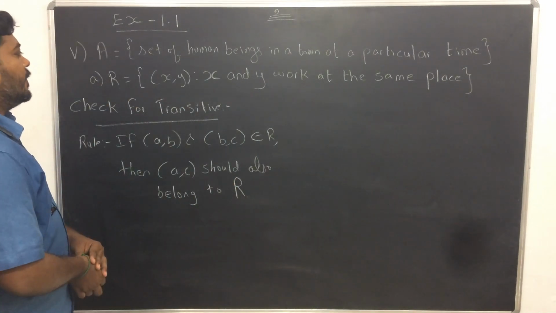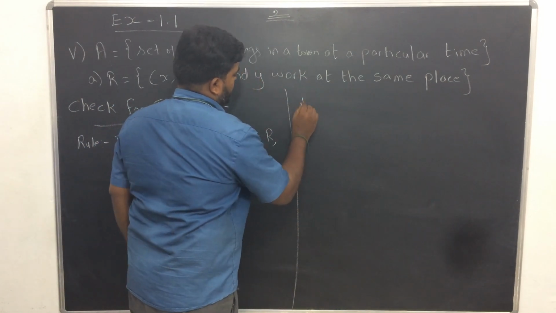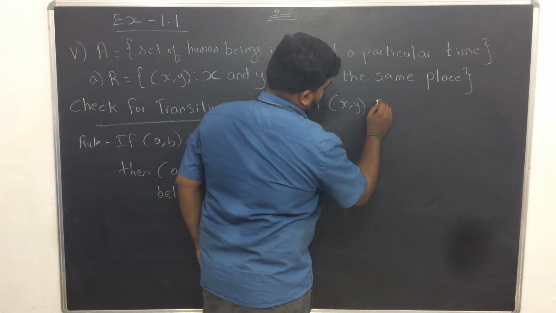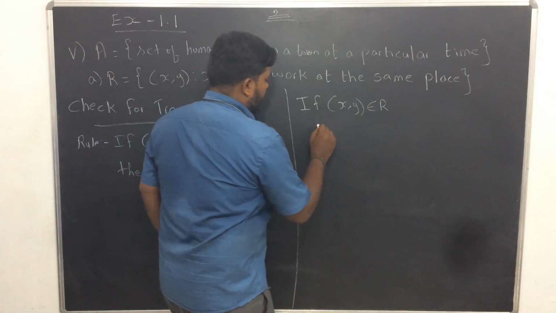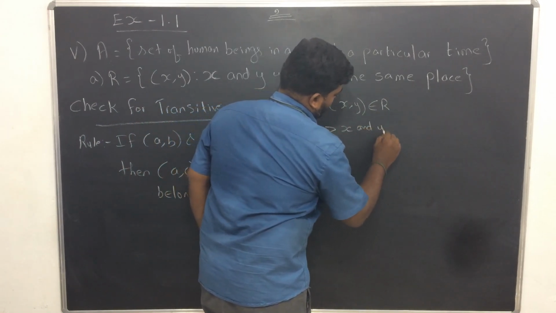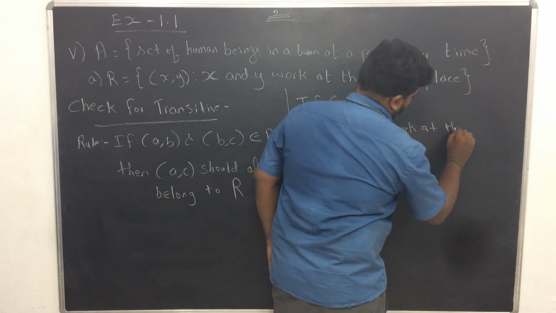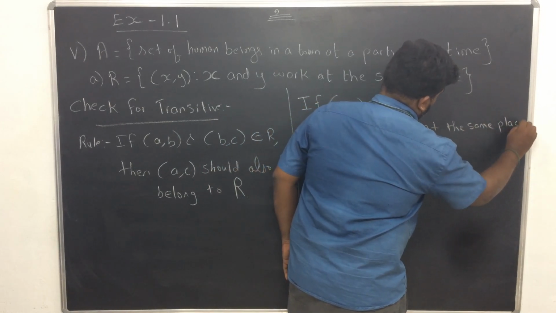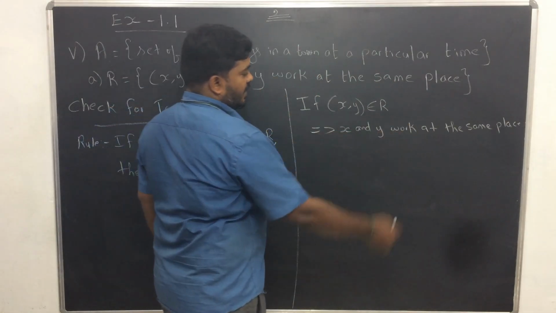Okay. Now, let's start by saying if (x, y) belongs to R, what does it imply? It implies that x and y work at the same place. If (x, y) belongs to R, it means x and y satisfy the condition for the relation.